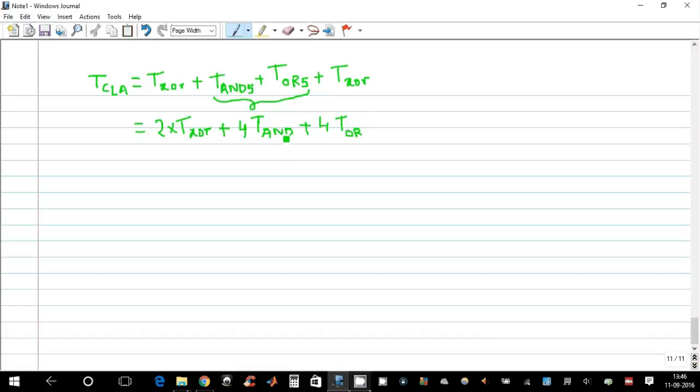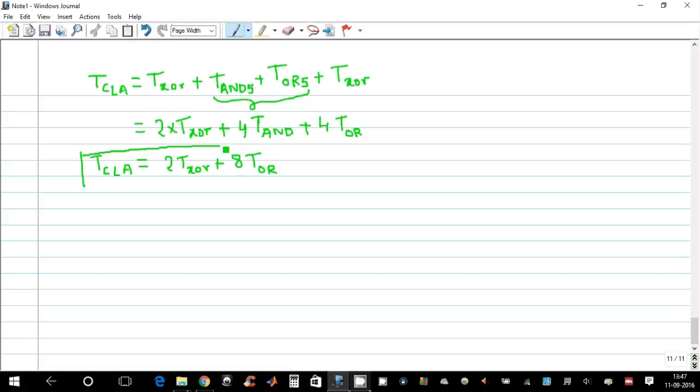Let us assume that the delay of AND and OR are the same. Practically it will be different, but let us assume it is equal, and replacing T AND with T OR, it will be 4 plus 4, 8 times T OR. So the total delay of the carry look ahead adder is equal to 2 times the delay of XOR plus 8 times the delay of OR gate. This is the expression we have got.